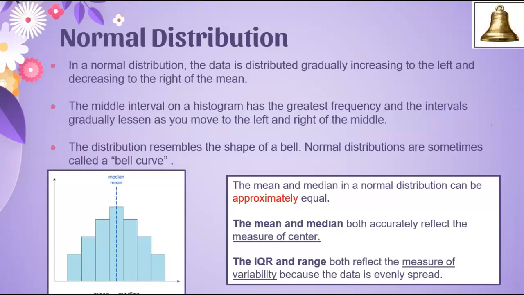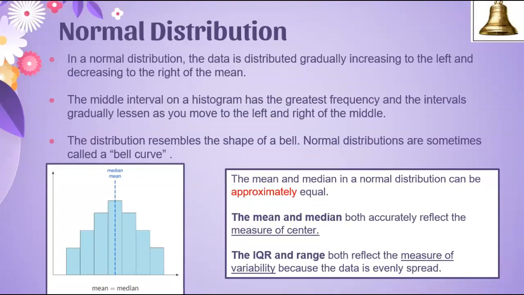Our normal distribution is what we're going to start with. A normal distribution is just a way of describing the shape of the data. Think of it as a bell curve. When we plot the data on this histogram, it looks like a bell.